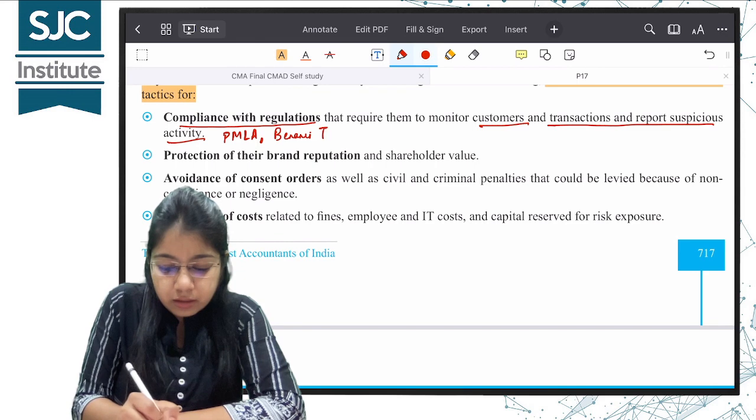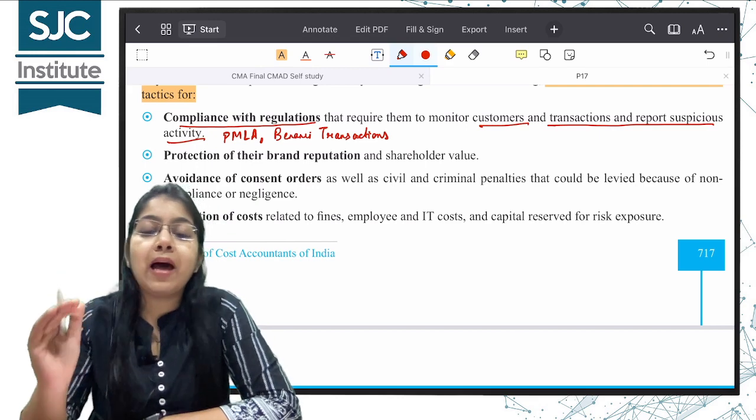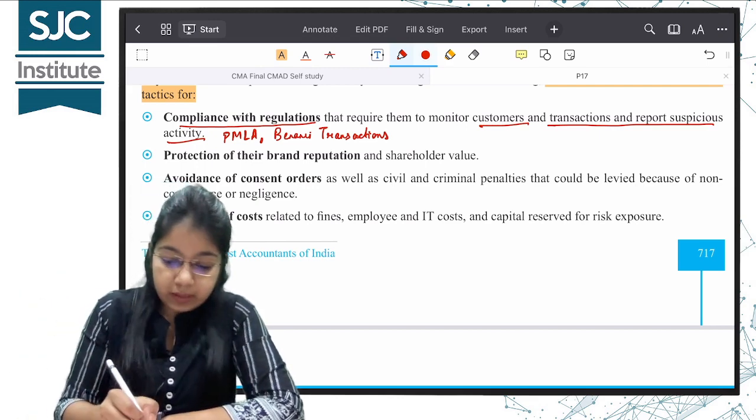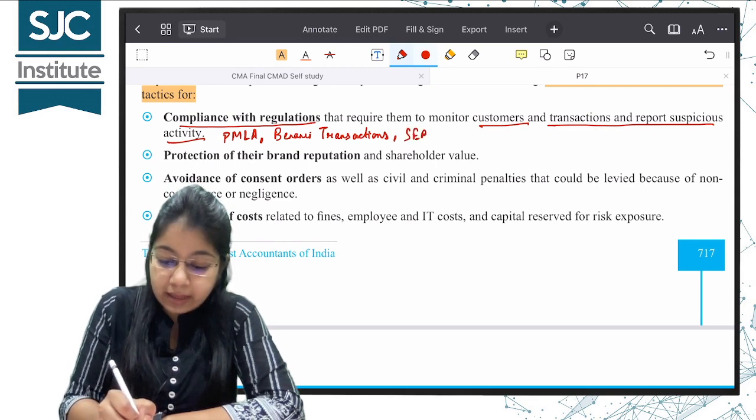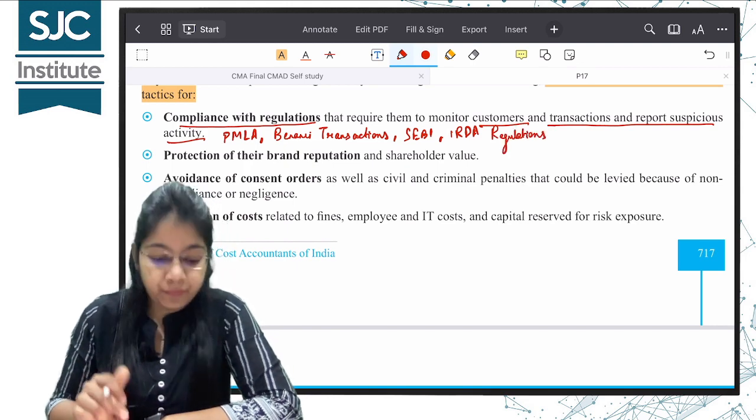There are certain regulations which impose a compliance on the financial institutions. SEBI regulations, IRDA regulations in India. Okay, I'm talking of India only right now.